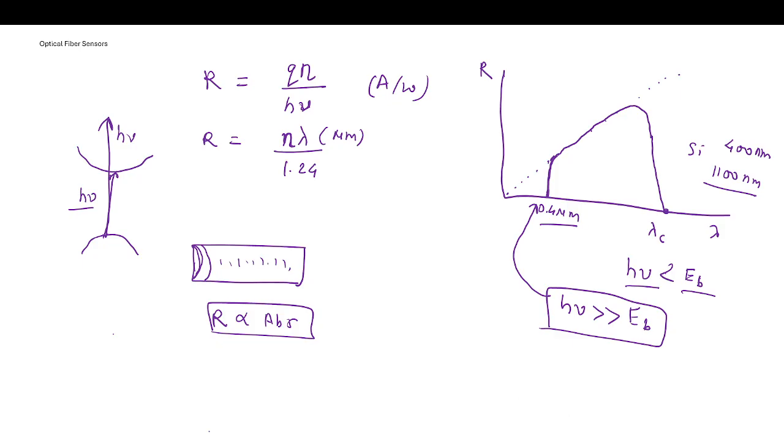Suppose you are taking indium gallium arsenide, then what will happen? It will start from 0.8 micron and go up to some 1.7 micron, and after that it will stop working because of the wavelength cutoff, where photon energy is lesser than the band gap.